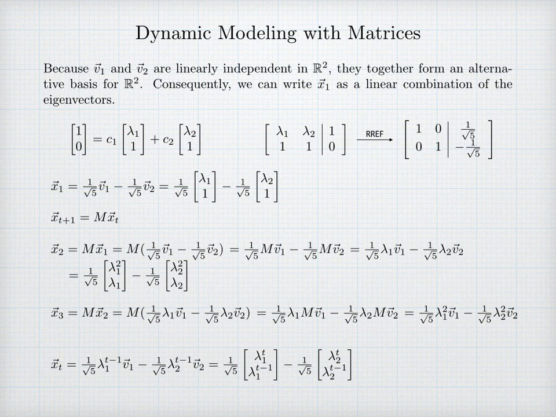so that in general, after t months, the t-th month vector, I see is 1 over square root of 5 lambda 1 to the t minus 1 power times the first eigenvector minus 1 over square root of 5 lambda 2 to the t minus 1 power times my second eigenvector. And when I multiply those eigenvalues into the vectors v1 and v2, we get a simplified formula.